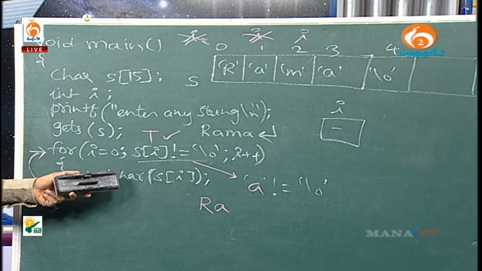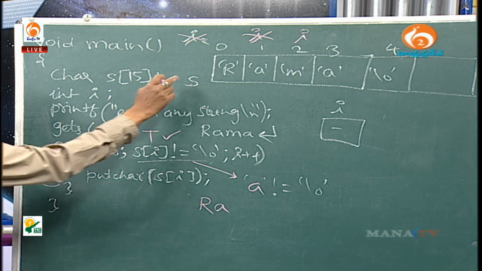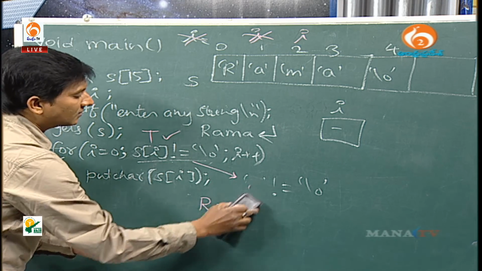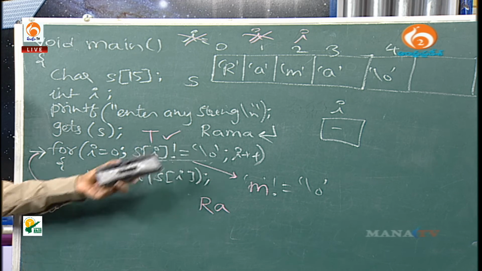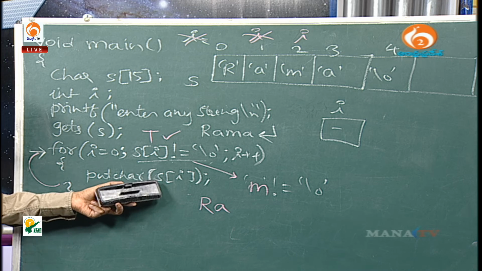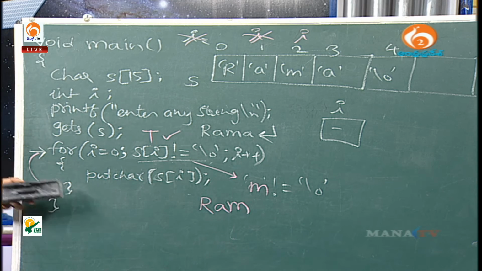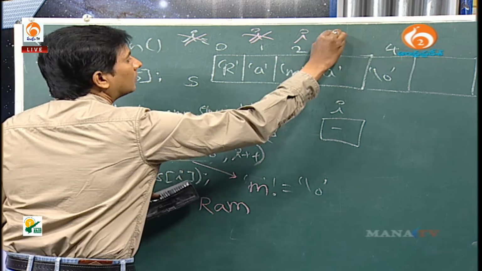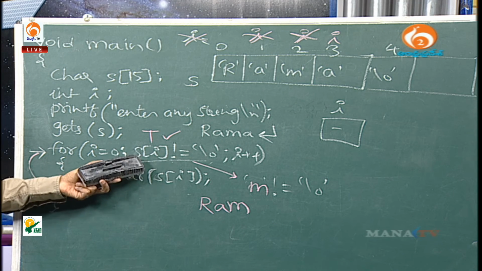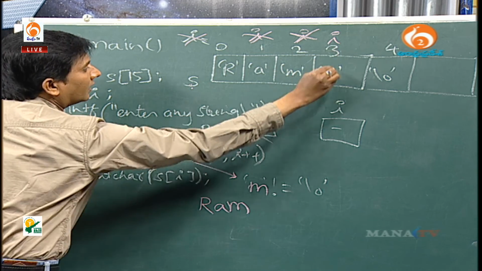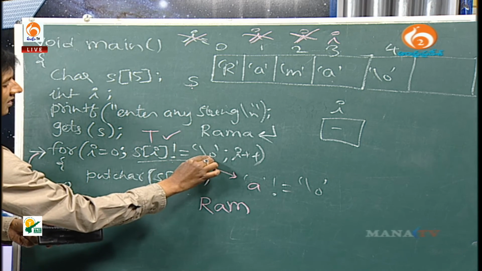Next iteration, i plus plus, i is incremented by 1, that is 2. s of 2, that is M, is not equal to backslash 0, the condition is true. Next, control enters the body of the for loop: putchar s of 2, that is M. Next iteration, i plus plus, the i value is 3 now. s of 3, that is A, is not equal to backslash 0, which is true.